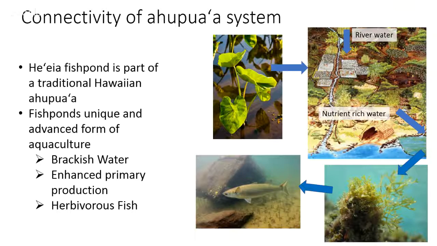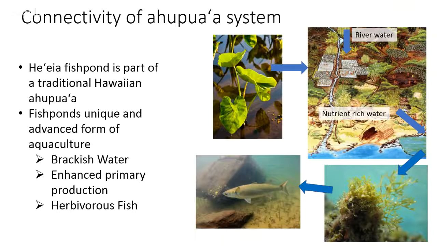The water would then flow further downstream, and usually we had the fishponds at the terminus of the stream that would very much benefit from this nutrient-rich water. Two of the target species in these Hawaiian fishponds are limu, which is a form of macroalgae that you can see here on the bottom right, and ʻamaʻama, which is a striped mullet, a herbivorous fish that was mostly feeding on these limu.